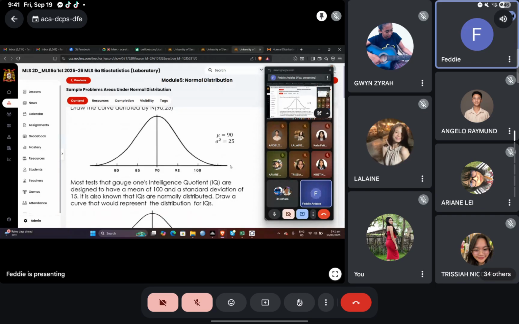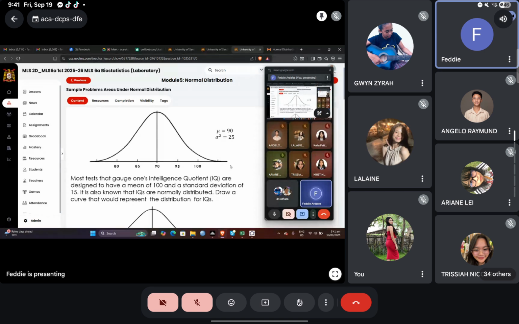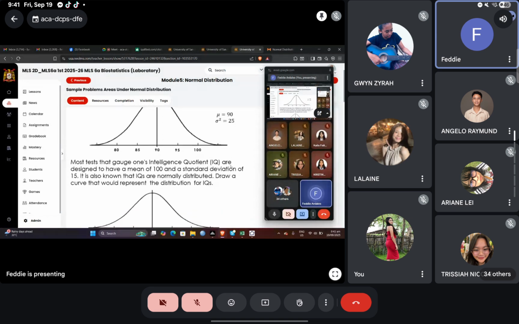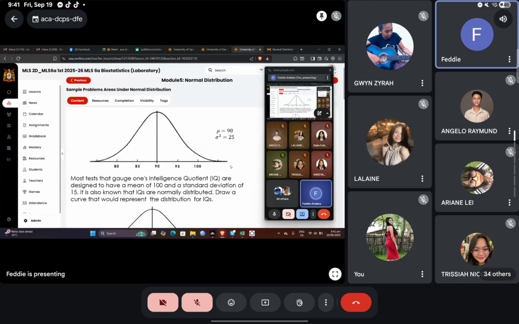Now, as you see the curve here, the mean is 90, in the middle. Since your standard deviation is 5, to the right of 90, plus 5 gives you 95, then plus 5 gives you 100. So this is one standard deviation.